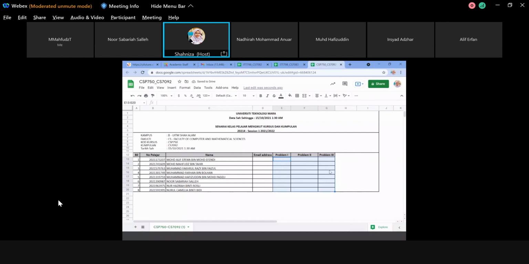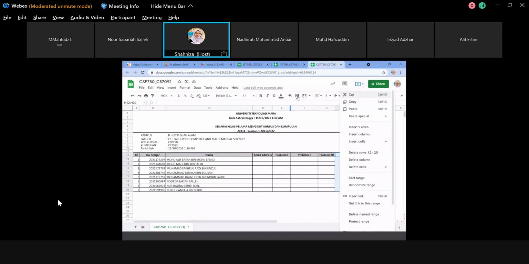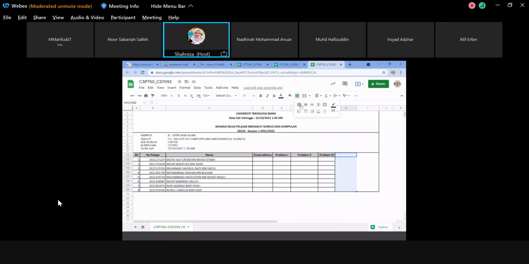Why I'm saying this, sebab you can keep on update whatever things that you think you need to update. Contohnya kat sini, tiba-tiba saya rasa saya nak tambah field area, sorry.